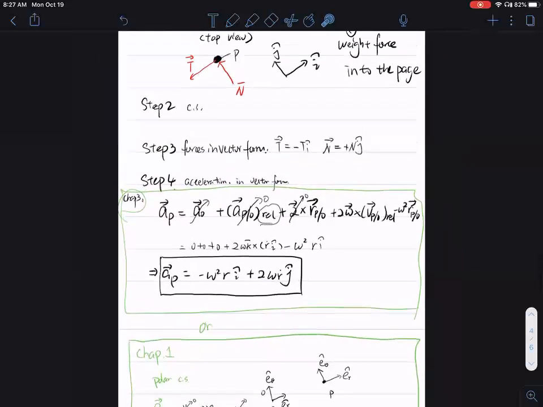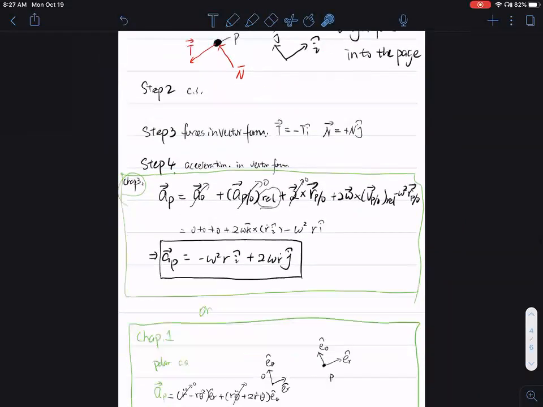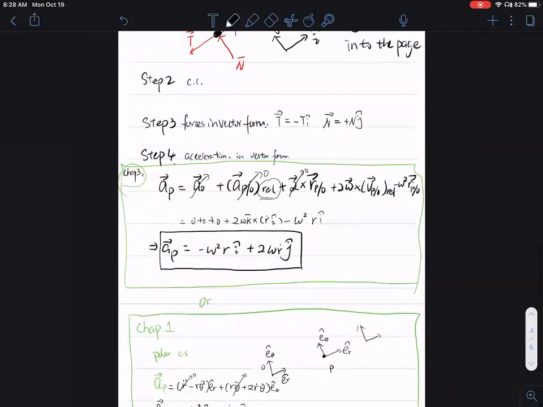All right, let's look at how we set up our i and j, and how we set up our ER, E theta. What's the relationship between these two coordinate systems? They're equal, right?